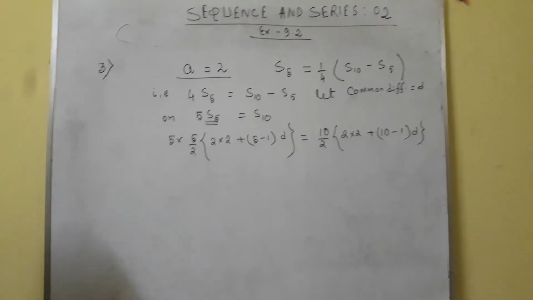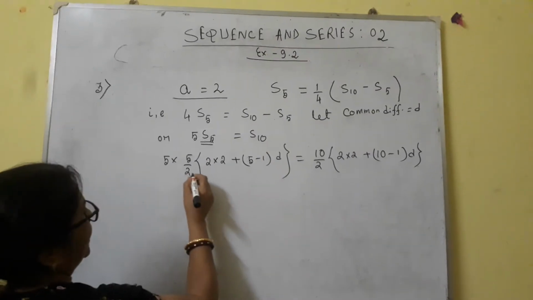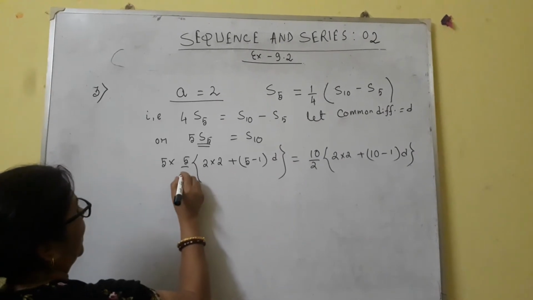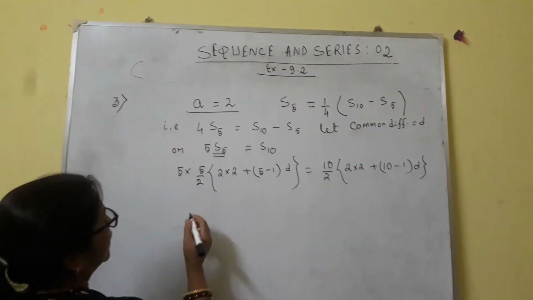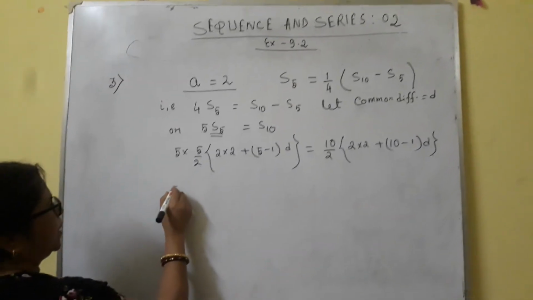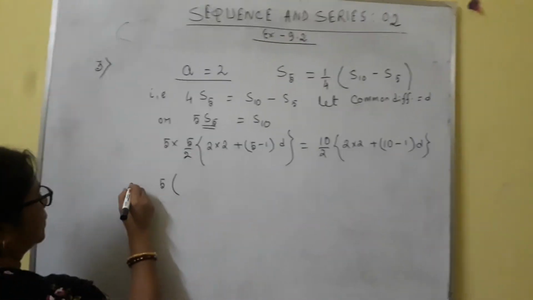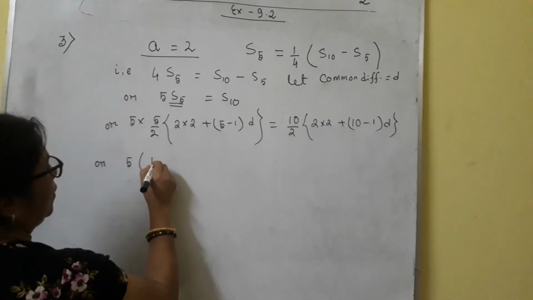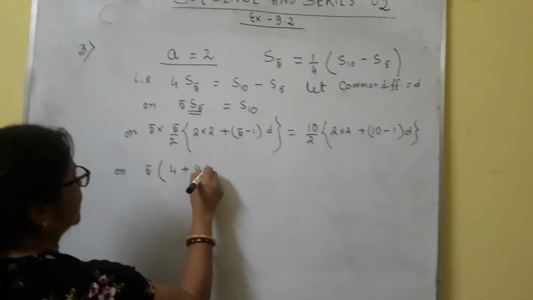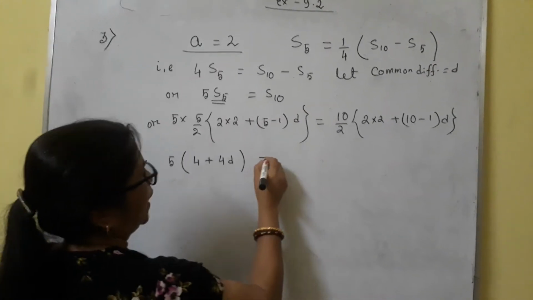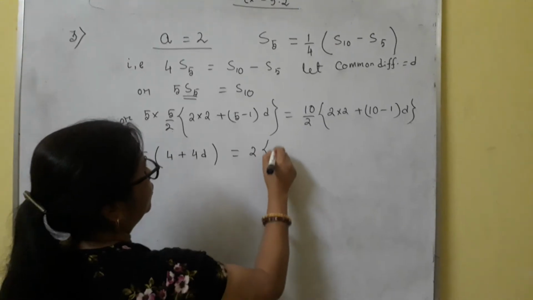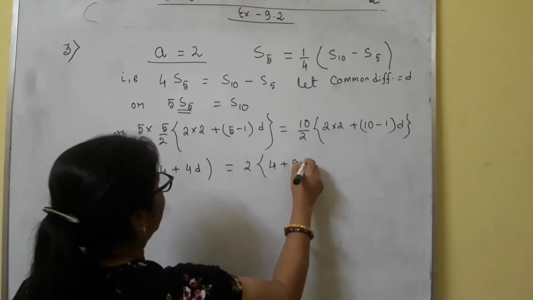Now simplify. You can cancel the 2 and 2, and 5 and 2. So we get 5 into (4 plus 4D) equals 5 into (4 plus 9D).